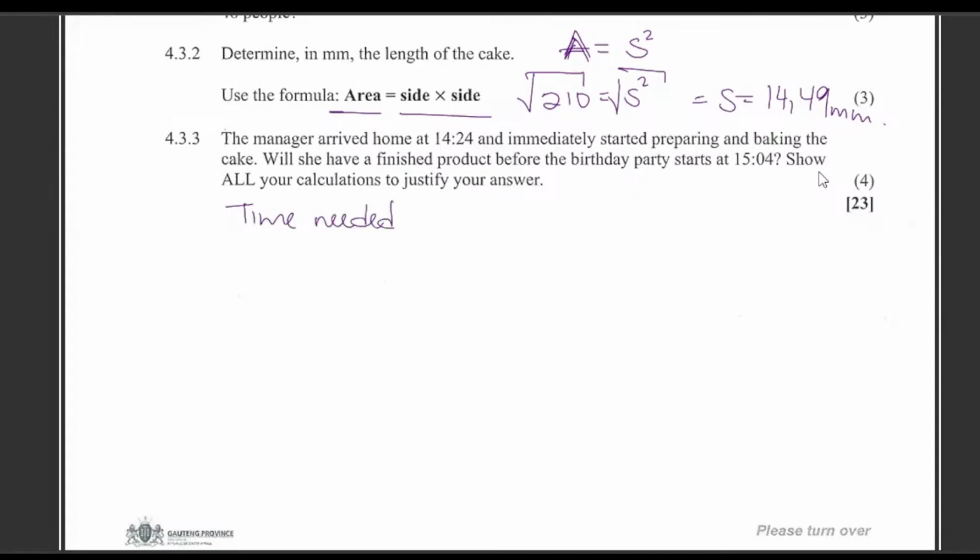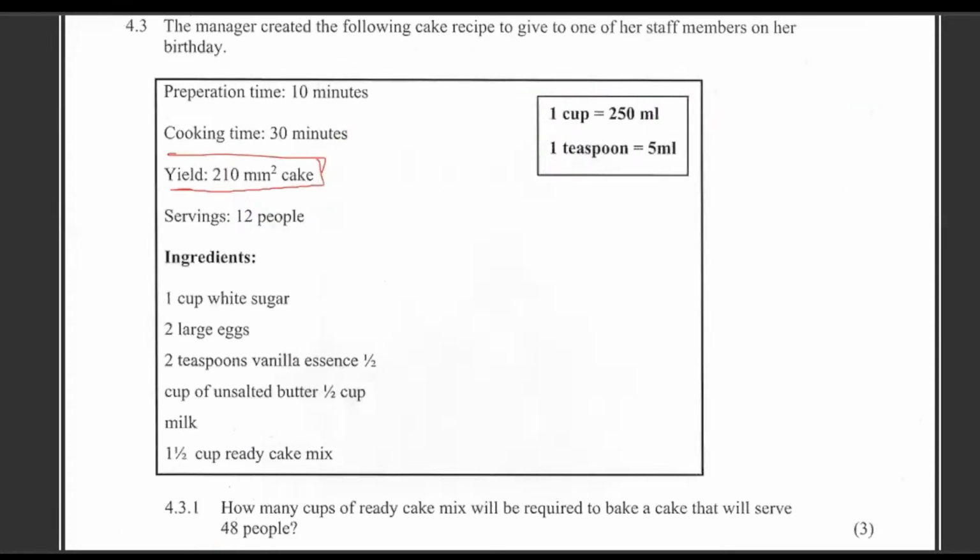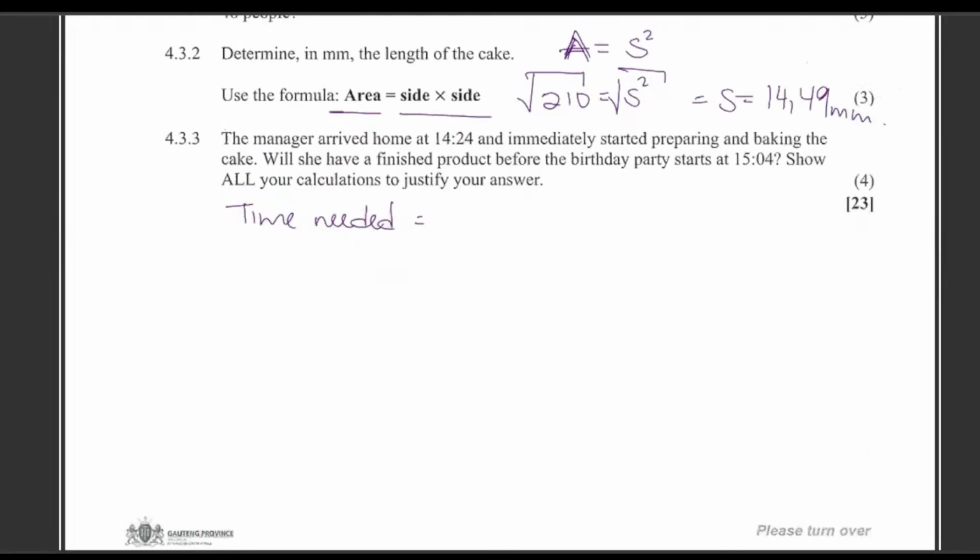When you look at the recipe here, we have 10 minutes and 30 minutes. Any other time that we need? We don't. So we add up, and it needs 40 minutes. We add on those 40 minutes.